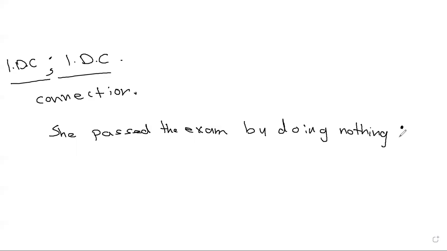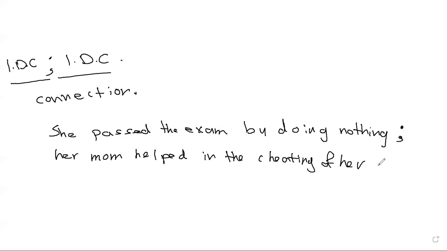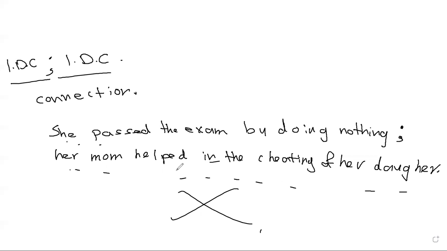And then you say, oh, semicolon, her mom helped in the cheating of her daughter. So that's a very bad example. Don't do this, okay? But the independent clause explains the other, and this clause explains that. And that's when you can use the semicolon.